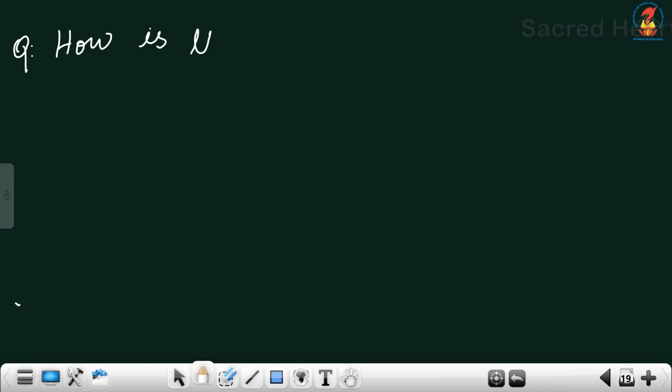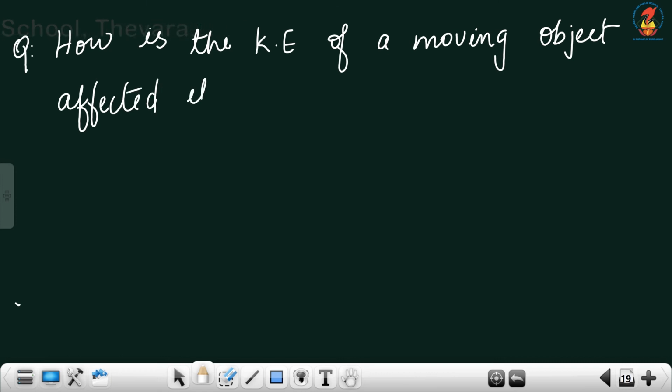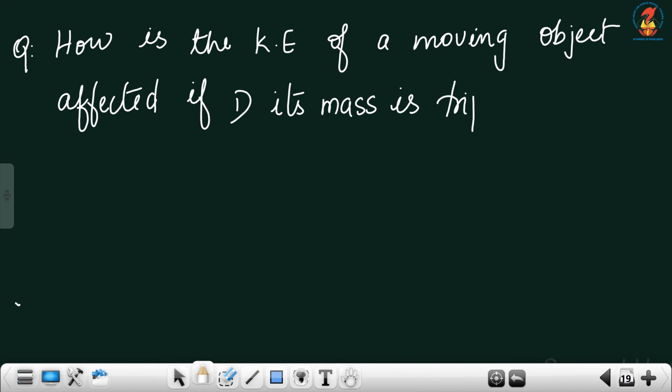How is the kinetic energy of a moving object affected if, first one, its mass is tripled.